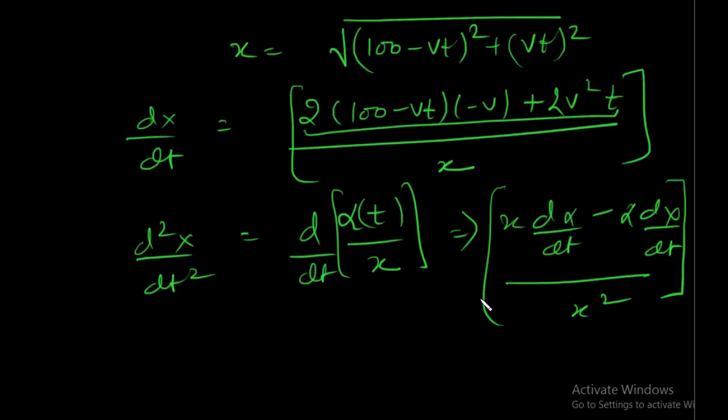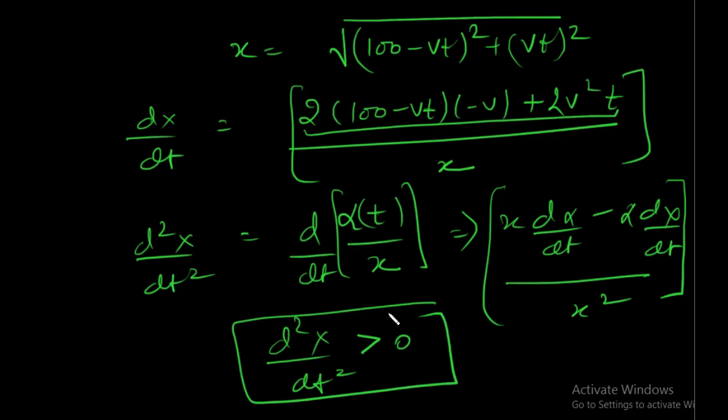When you differentiate the above and the denominator below, d square x by dt square will come out to be positive. Don't forget to put the value t equal to 5. When you have completed the double differential, do put the value of t and check, and this will definitely come out to be greater than 0. So this is the condition of minima, and hence our answer here for minimum distance is t equal to 5.